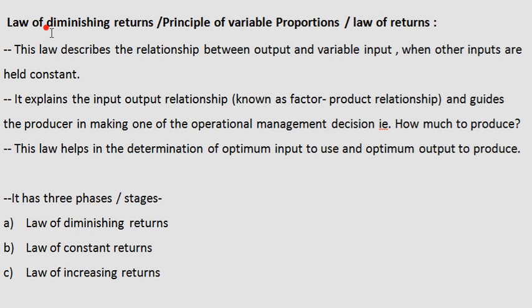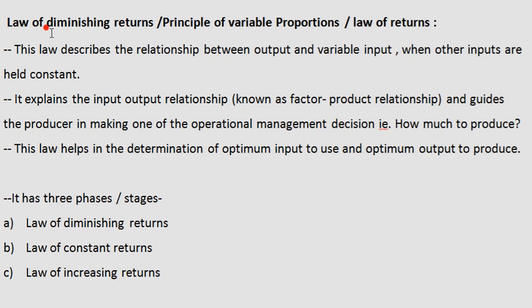So, the law of diminishing returns is also called the principle of variable proportions because the proportion among factors of production varies as one of the productive resources is changed, keeping the other factors of production constant.